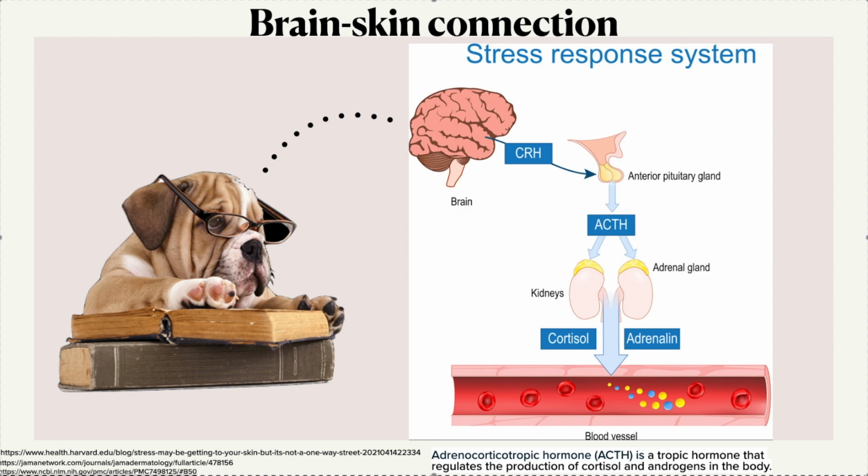The brain starts sending signals to glands, and eventually the adrenal gland produces two hormones, cortisol and adrenaline. So cortisol and adrenaline get released into the bloodstream, and cause the inflammation of a variety of cells, which is how inflammation is caused.